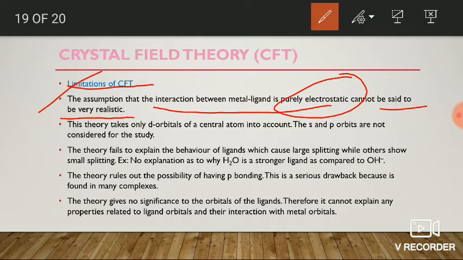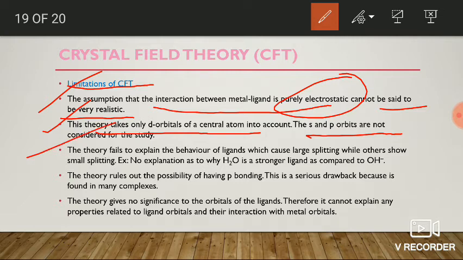The second drawback: the theory takes only the d orbitals of the central metal ion into account. It does not take s and p orbitals into account in order to study the complex formation or splitting of the complex. It takes only d orbitals.